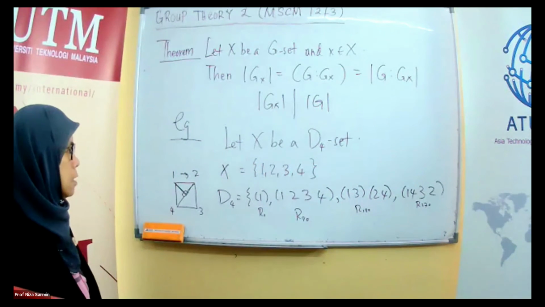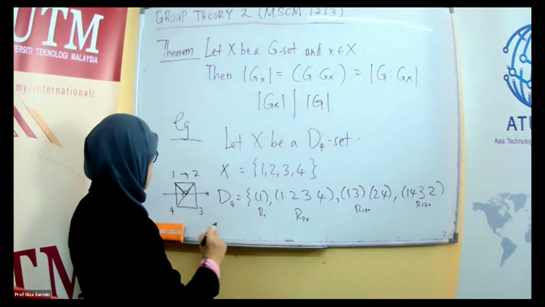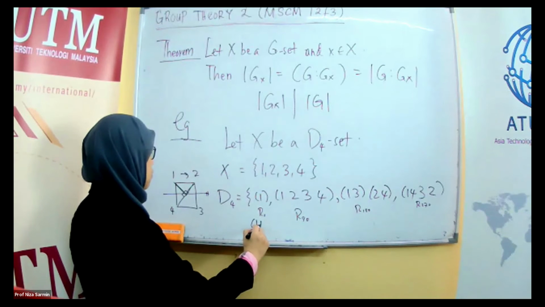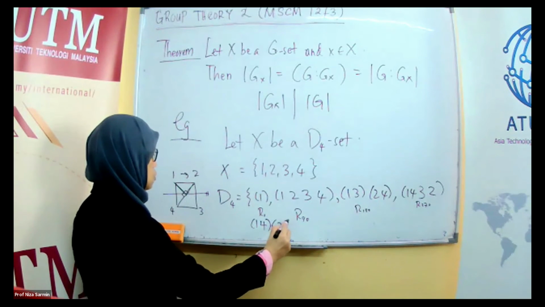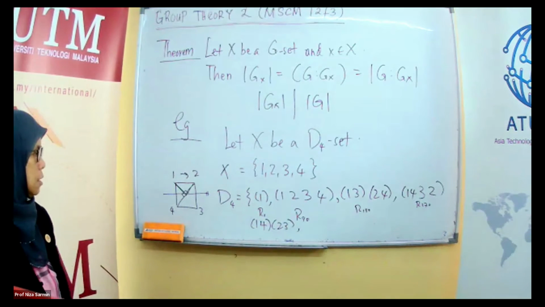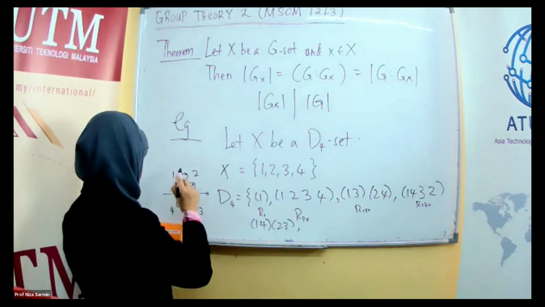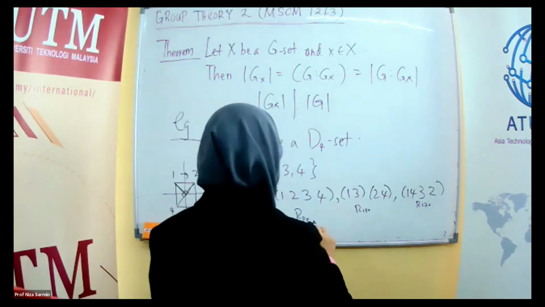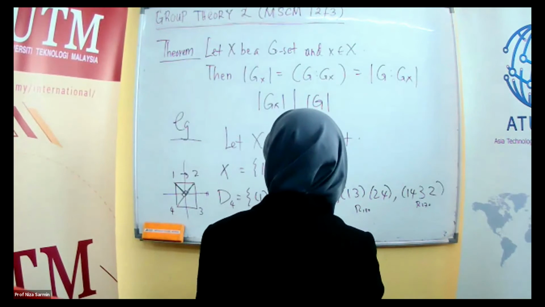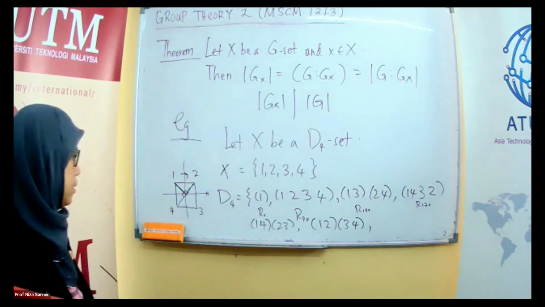Then we have horizontal: 1 goes to 4, 4 goes to 1, 2 goes to 3, 3 goes to 2. Then vertical: 1 to 2, 2 to 1, 3 to 4, 4 to 3.